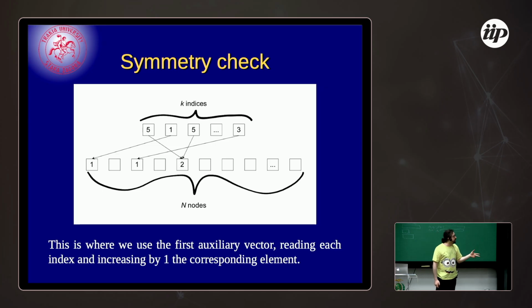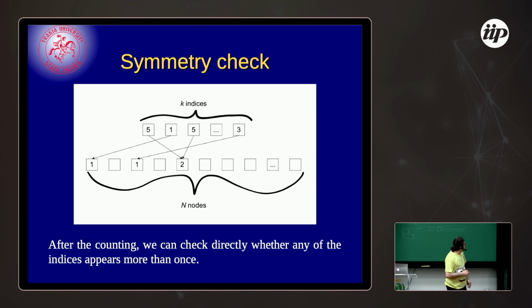So why are we doing this? Well, we're doing this because after doing it, we can now read this vector from the start to the end. And what we can do is check whether any of the numbers in this vector are greater than 1. So here, 1, here is nothing means 0. So 1, 0, 1, 0, 2.